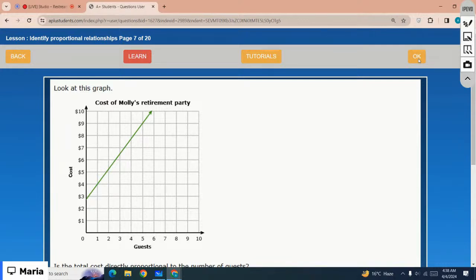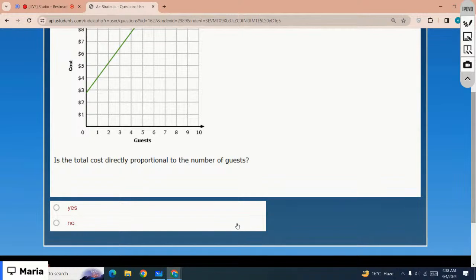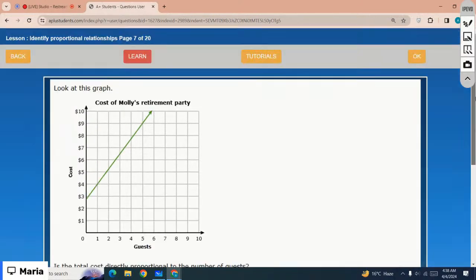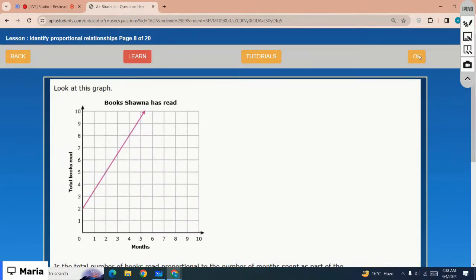Is the total cost directly proportional to the number of guests? Which is the correct option? The correct option is no. Look at this graph.